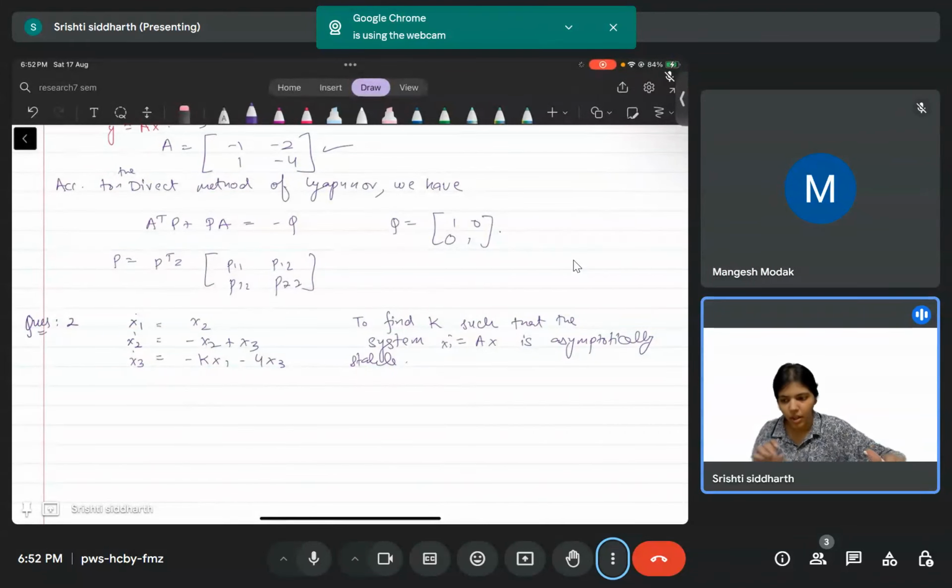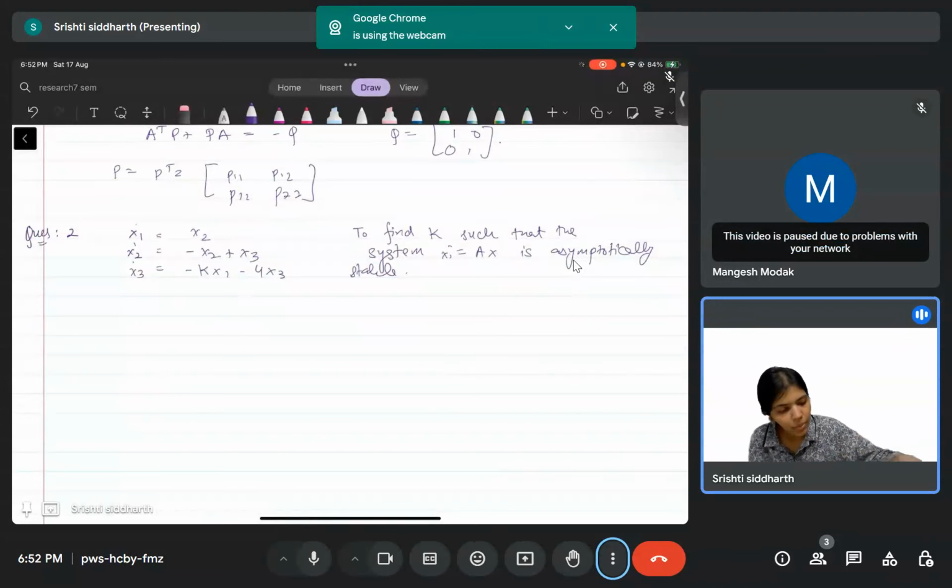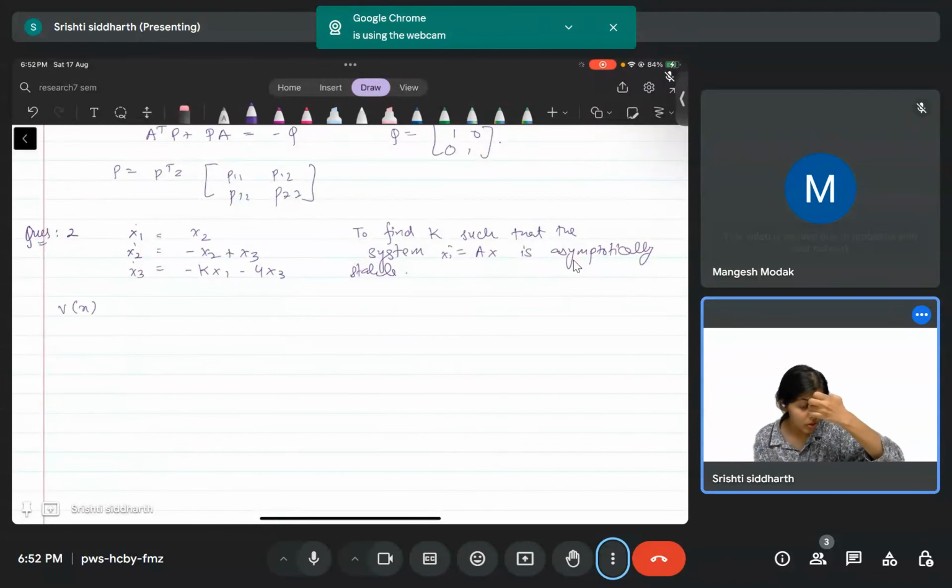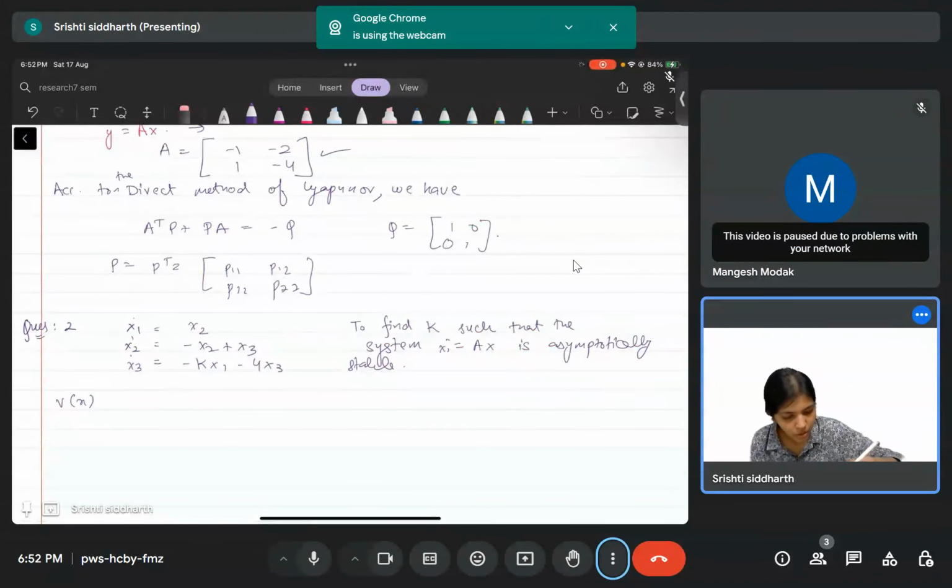So there is one more data that we have. We have been given the Lyapunov function to determine stability. So this method is not the direct method of diagonal.